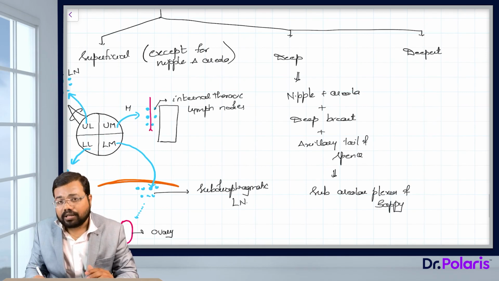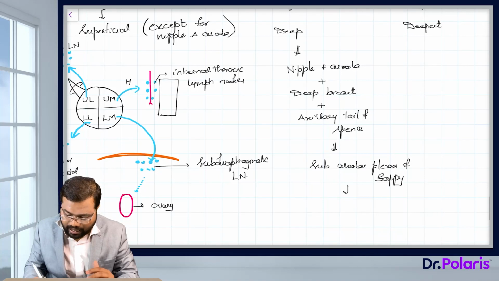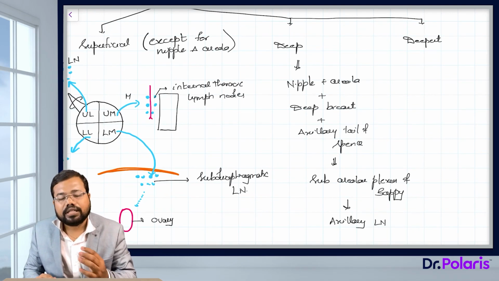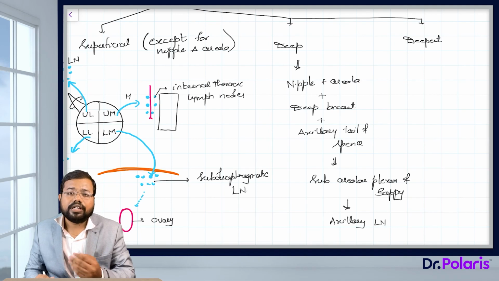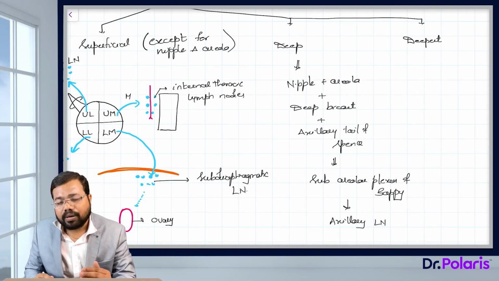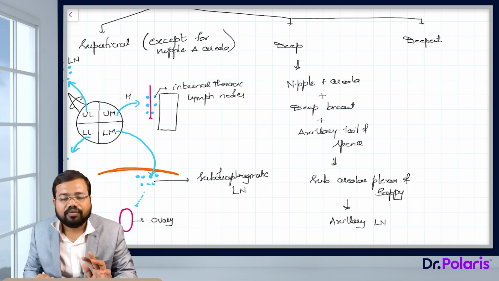From this subareolar plexus of Sappey, they will be draining into the axillary group of lymph nodes. Okay. So just beneath the nipple and areola, there is a certain plexus, and this is called the subareolar plexus of Sappey. So from the nipple and areola, they are connecting, and in its course, it also collects from the deep part of the breast and also the axillary tail of Spence, and ultimately drains into the axillary lymph nodes. This is the course for the deep part.